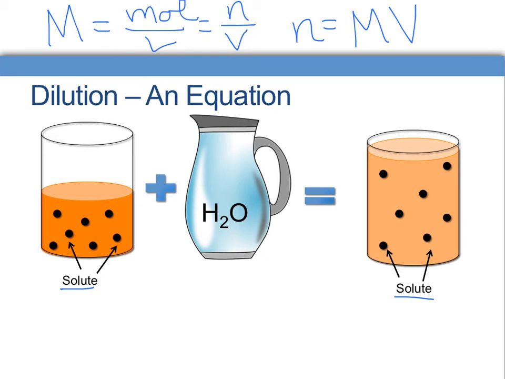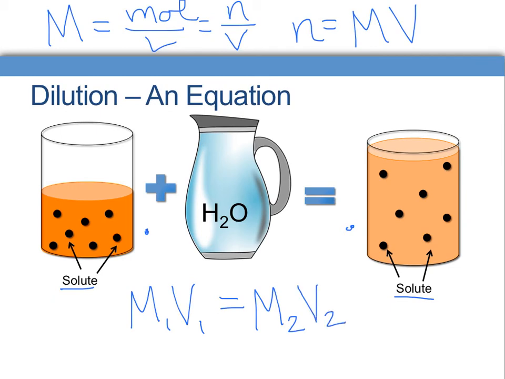And I know that the number of moles in the beginning is the same as the number of moles at the end. So in the beginning, I have a concentrated molarity and a small volume, and at the end, I have a second molarity and a second volume.